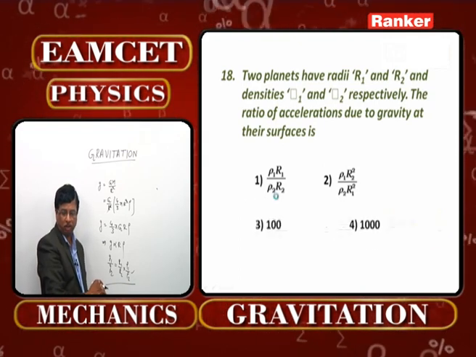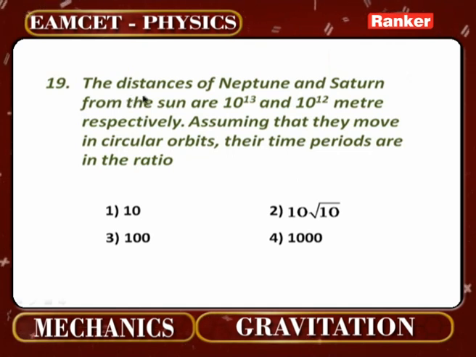Look at the next number, problem number 19. The distances of Neptune and Saturn from the sun are 10 power 13 and 10 power 12 meter respectively. Assuming that they move in circular orbits, their time periods are in the ratio.